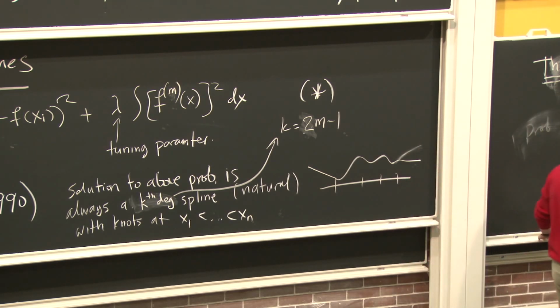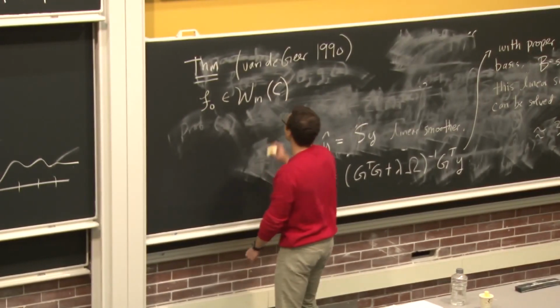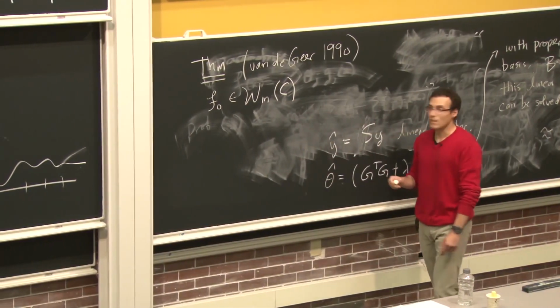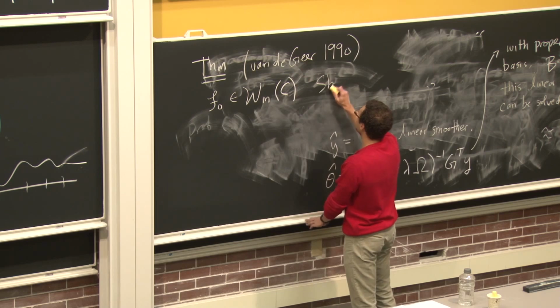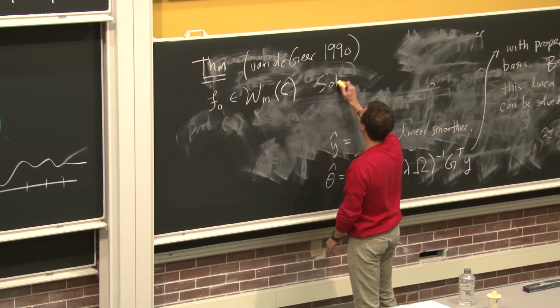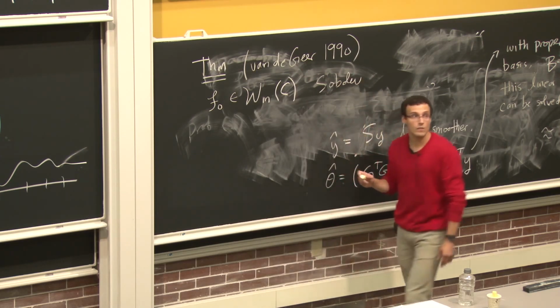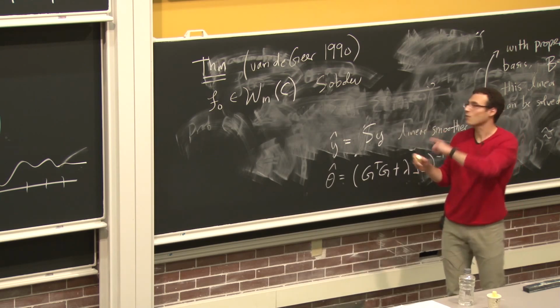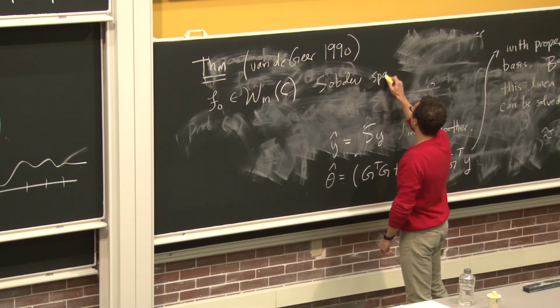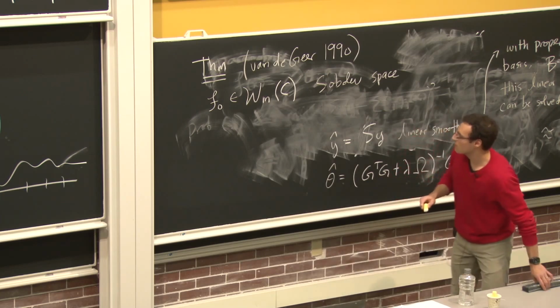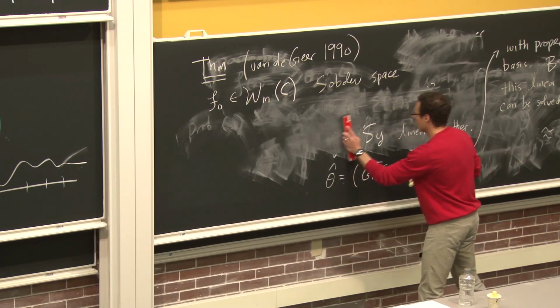What Sara van de Geer proved is that if our true function, f0, is in a particular function space, which we're going to call W of m of a constant c, this is called the space of Sobolev functions. Did you guys study these function spaces? Oh, great. So now you can see why these function spaces are important.